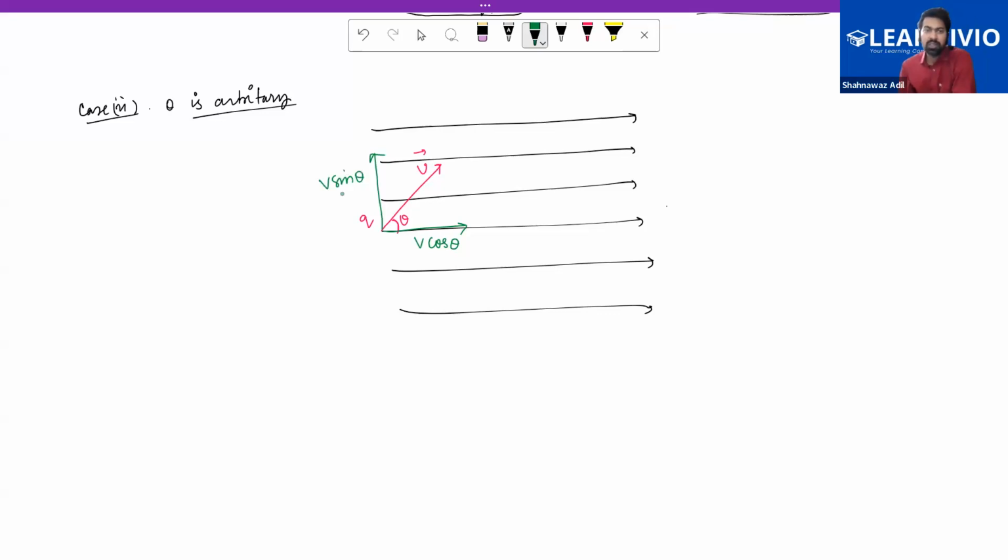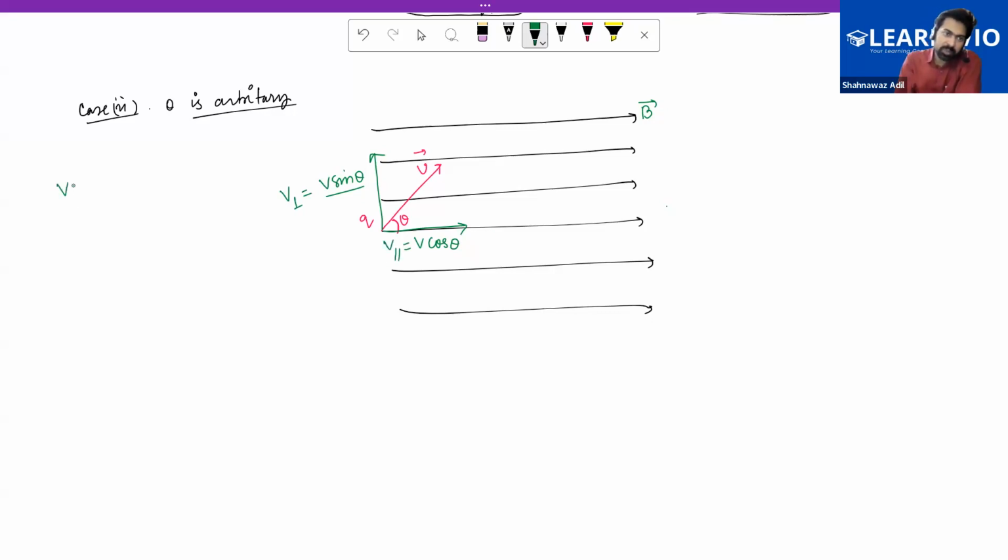This v sin theta is the perpendicular component to the magnetic field. This v cos theta, which is along the magnetic field, is the v parallel.